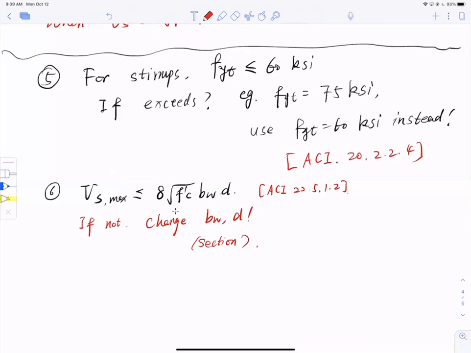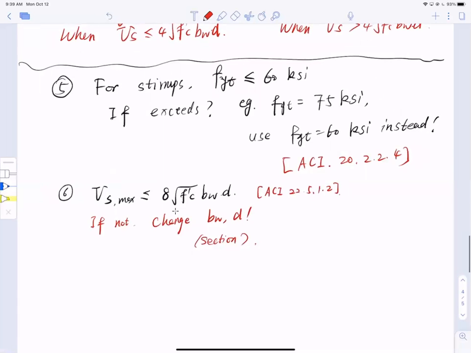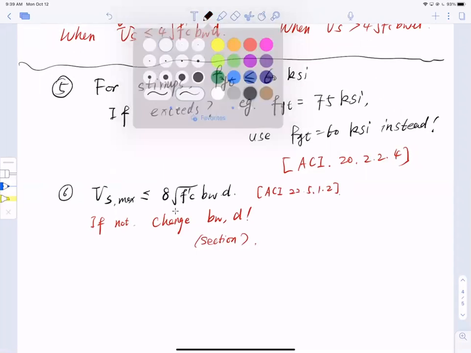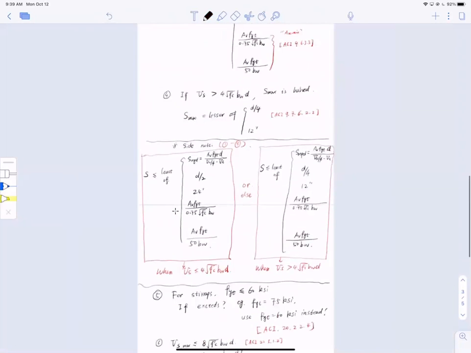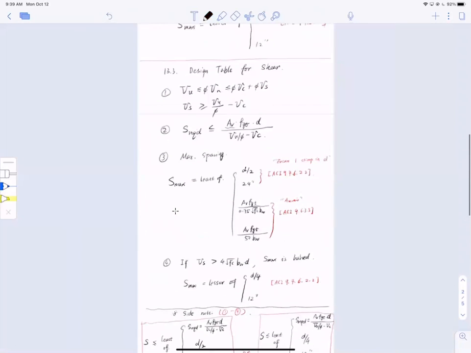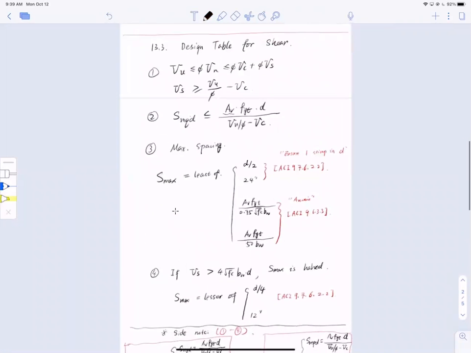All right, so this is the design flow chart for shear. Let's recap. First, find out the applied shear force, and find out how much stirrups you need, Vs. Calculate it and check your max spacing.